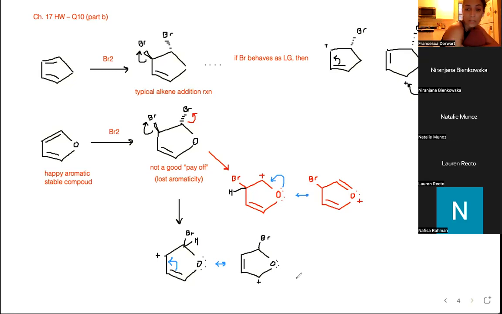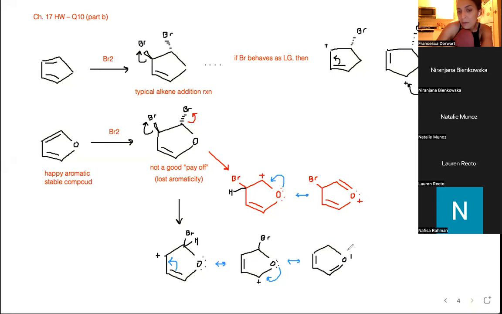When we draw out the resonance, we see not only do we get the ability for the oxygen to bear the positive for both structures, but we also have an additional resonance structure for the black. So we're going to be able to have the lone pairs come into resonance for both of these situations, but only the black one has the ability to take advantage of that pi bond in the ring.